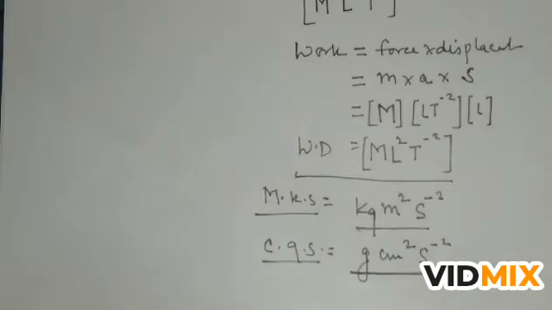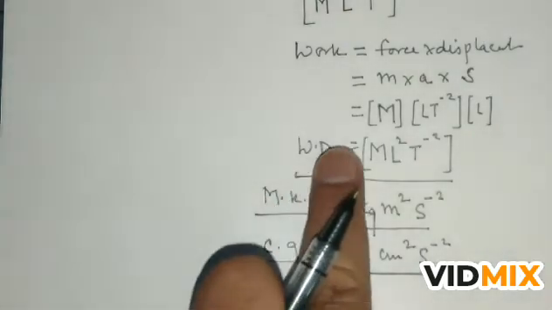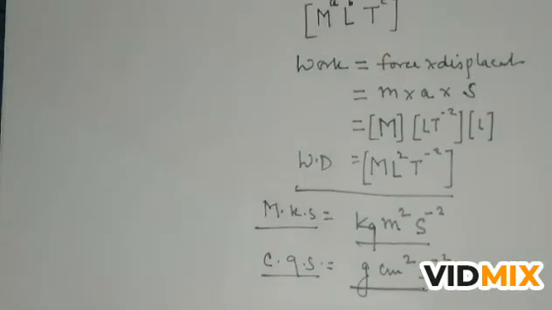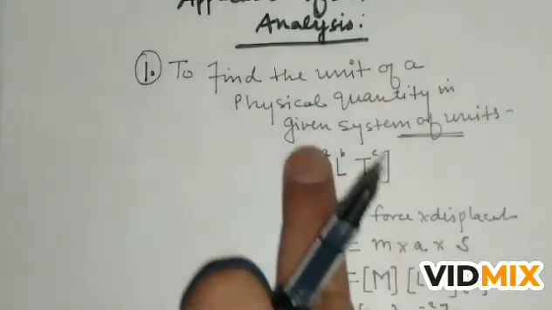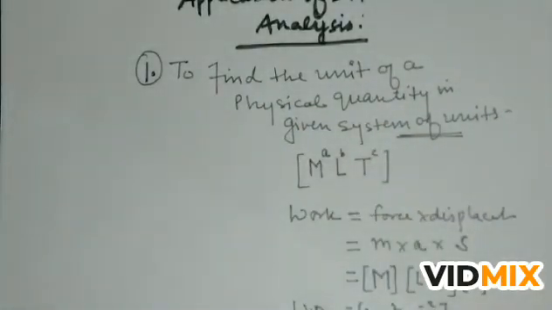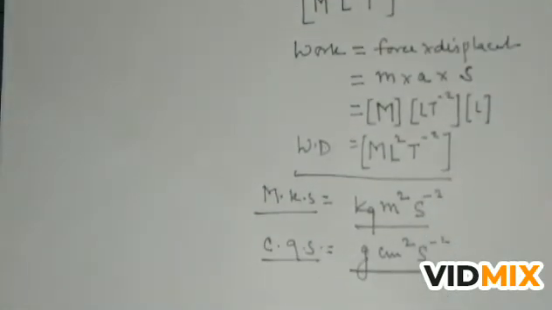Like this we can find the unit of any physical quantity in any system. First we find the dimension, and then we convert it into the respective units. This is the way how to find the unit of a given physical quantity in the given system of units.